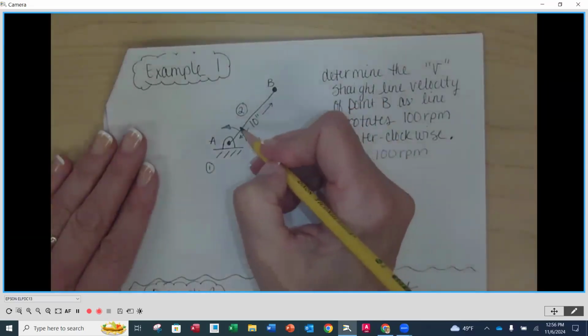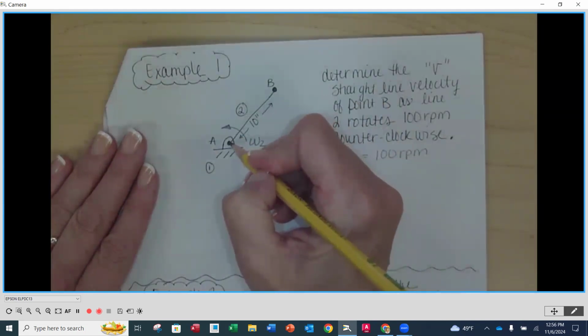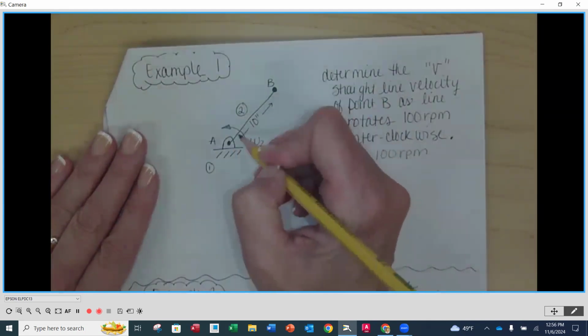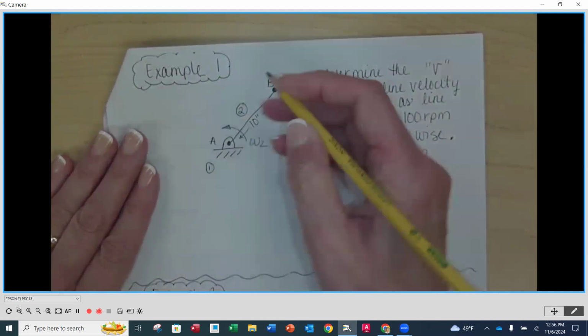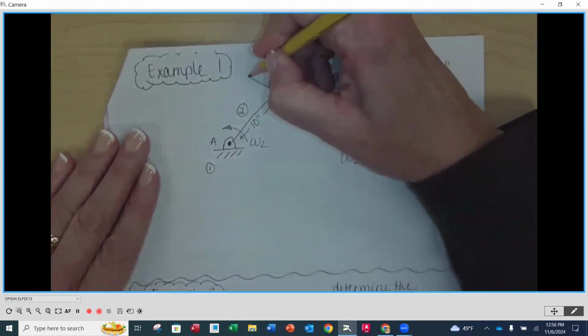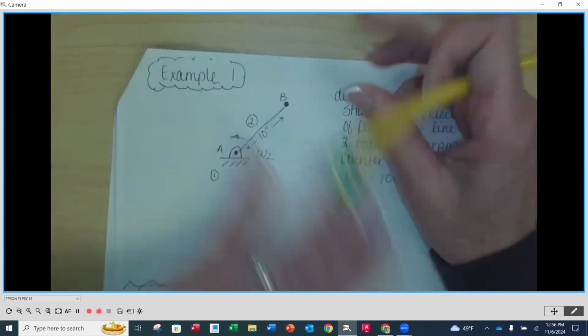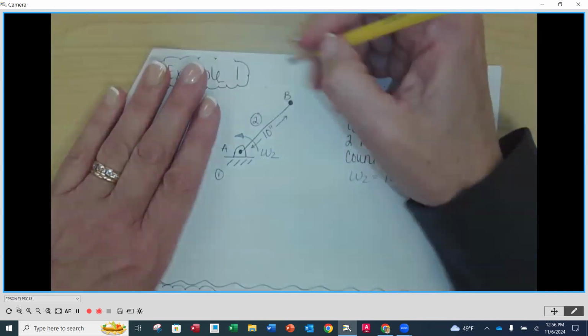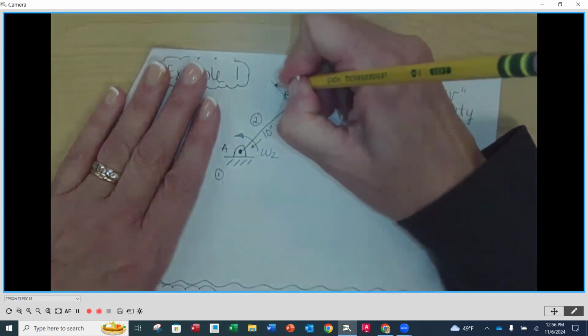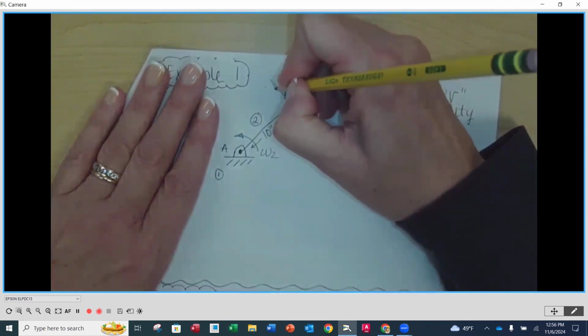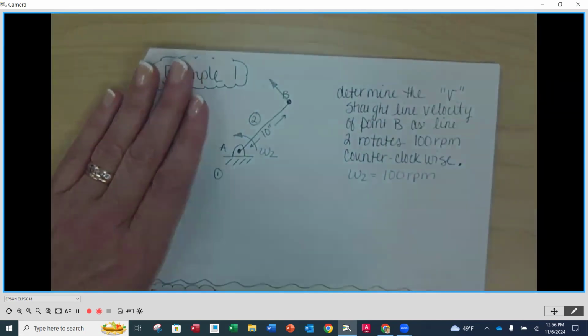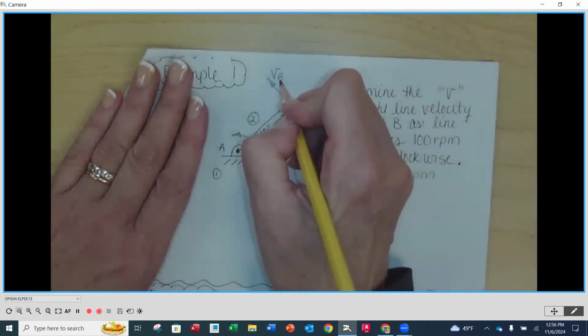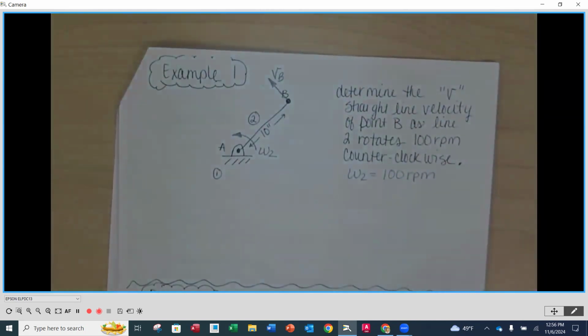This line is depicting a perfect straight line back to the center of rotation, which is going to be A. Our velocity at B is going to be perpendicular to that link and pointing up and to the left. And we would label this VB. Again, this is going to be perpendicular there, so we're just sketching it in place.